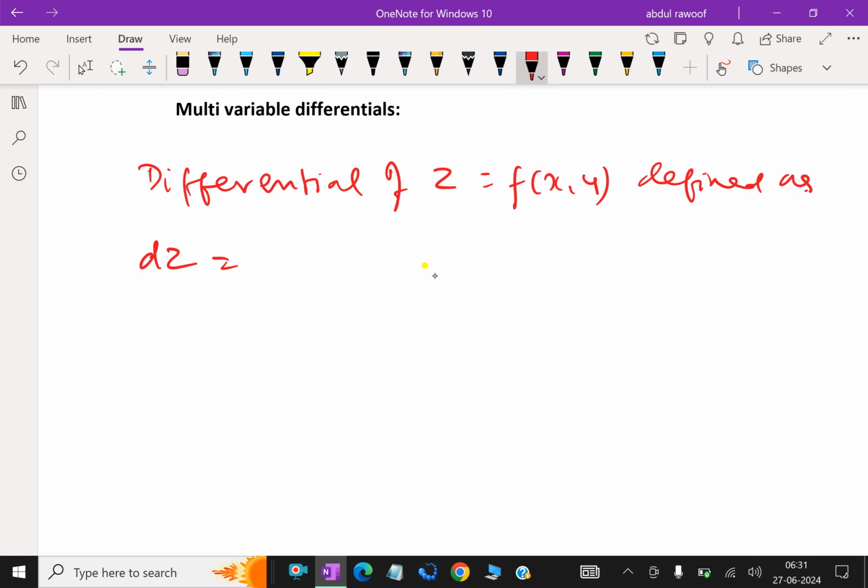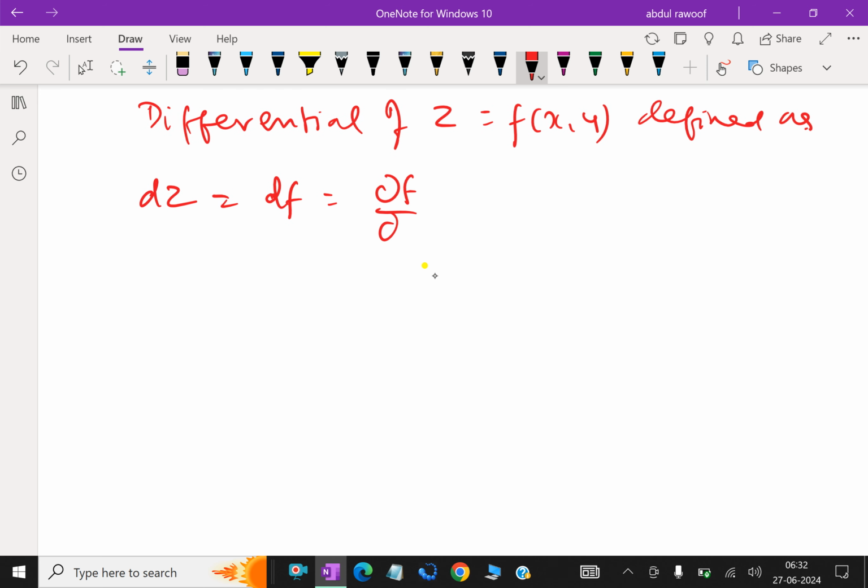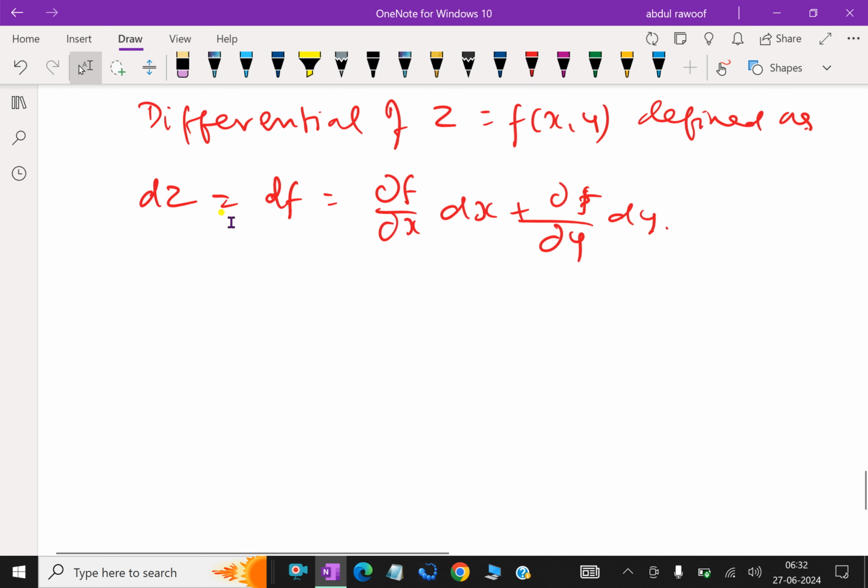The differential dz equals df, which is equal to dou f by dou x dx plus dou f by dou y into dy. This is the differential of z, or the differential of f, equal to dou f by dou x into dx plus dou f by dou y into dy.